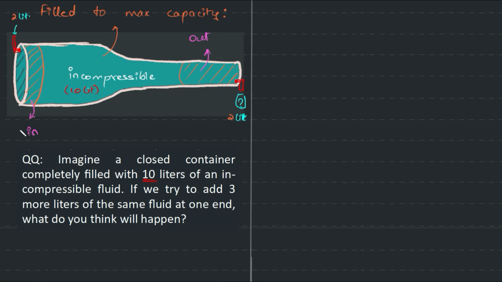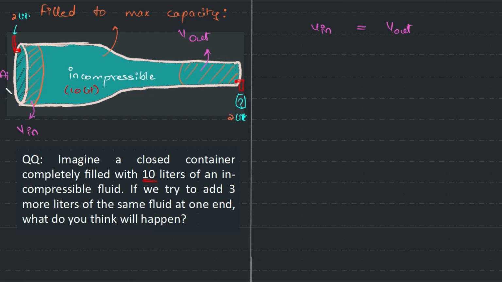Can I tell this volume of liquid is in and this volume of liquid is out? And what is the relationship between these two? After this process, we still have a filled container, so they have to be equal. And we know that volume is given by area times depth.